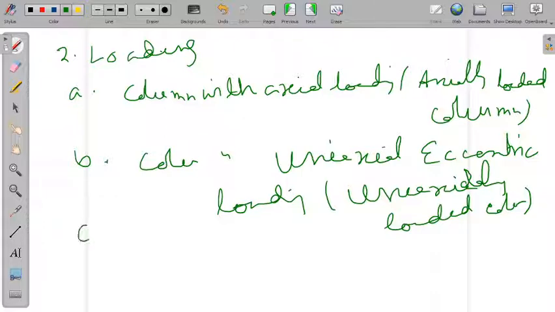And the third category is column with biaxial eccentric loading, or we can say biaxially loaded column.